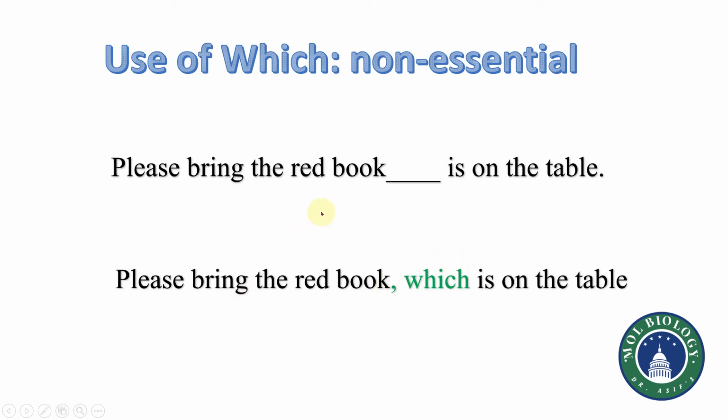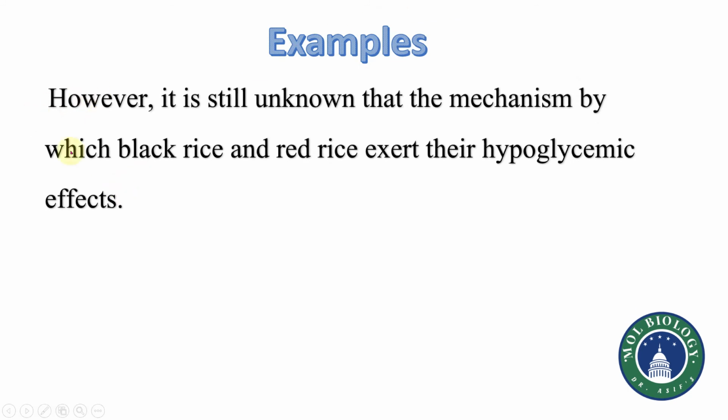So far we have learned where to use "which" and where to use "that". Here I will take one example from a scientific writing paper. Here is one sentence that I have copied from a student paper.